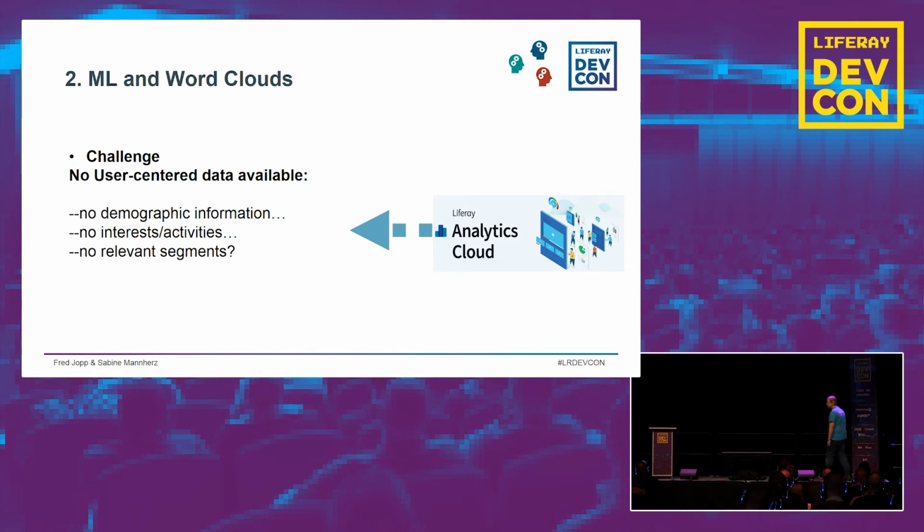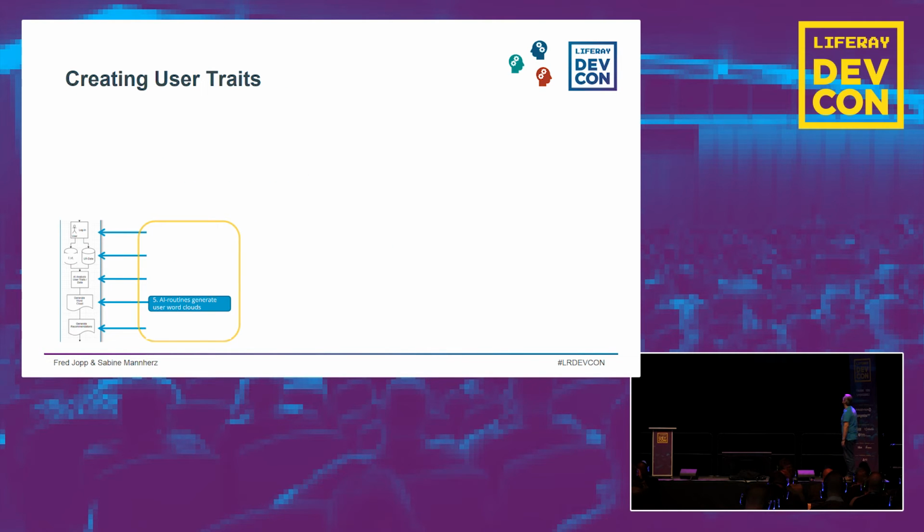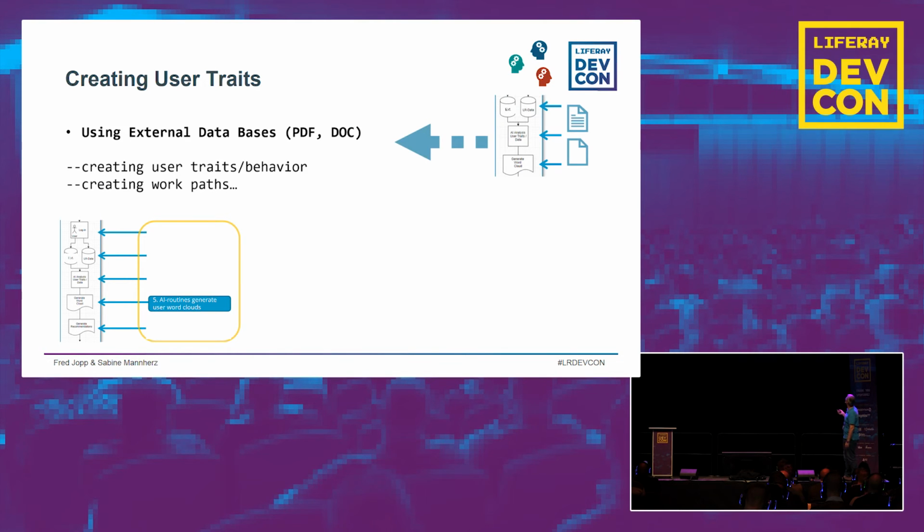So the challenge then was, how do we create user-centered information, user traits? And now come the AI or ML routines that we use. First of all, we use word clouds, which is something you can understand very intuitively.